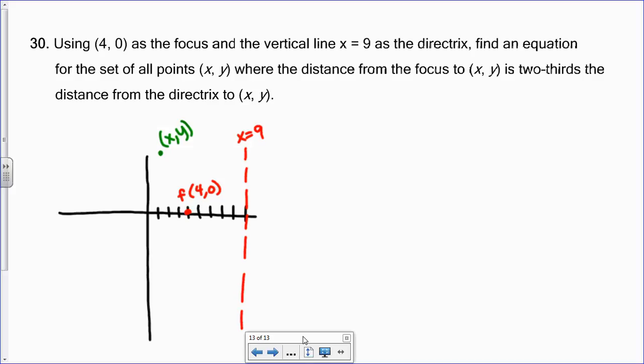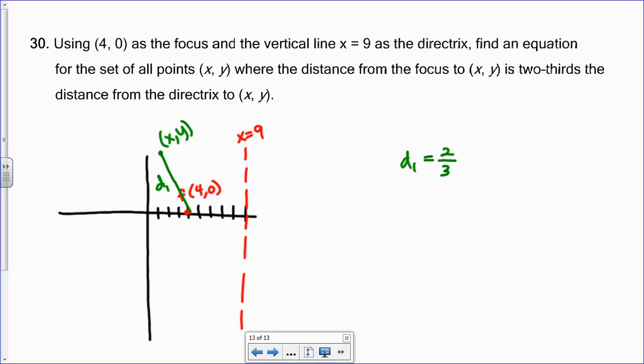Okay, so the distance from the focus to xy, so this distance here, distance 1, equals 2/3 the distance from the directrix to xy.